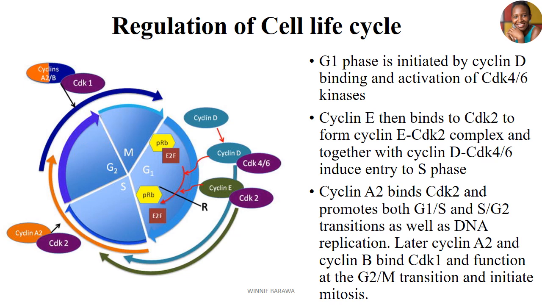And this is how the cycles work. But I need you to know that we are told the release of these cyclins and CDKs will vary at different stages. So in the next slide, I want us to see how the graph will change as we move from one stage to the next in regards to the cell life cycle.